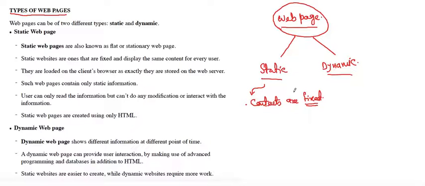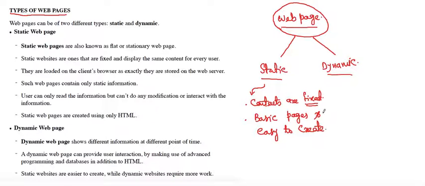Static web pages are the basic web pages and are easy to create, as most of them are created only using HTML, and some formatting is also there, like CSS is sometimes used, but the majority of the time these pages are created only using HTML.